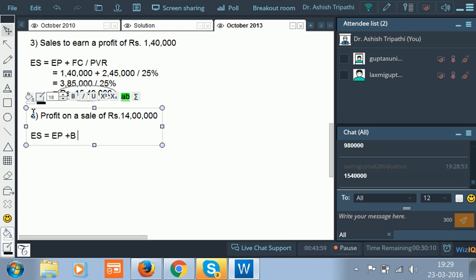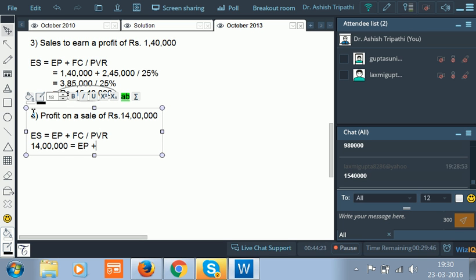So again we'll have to apply the same formula. Expected sales is equal to expected profit plus fixed cost upon PV ratio. This time we have sales, so we'll put the value for sales. 14 lakh is equal to expected profit.